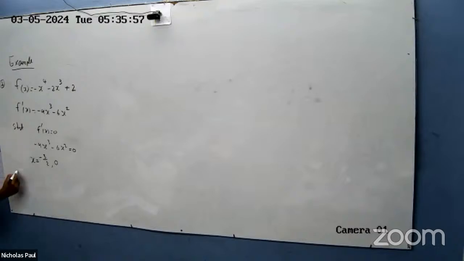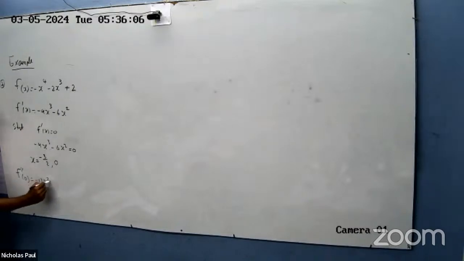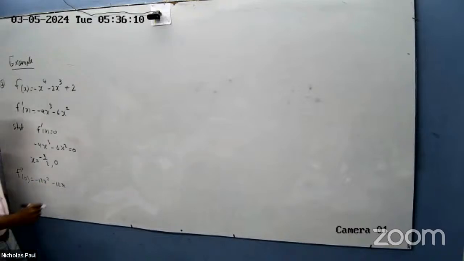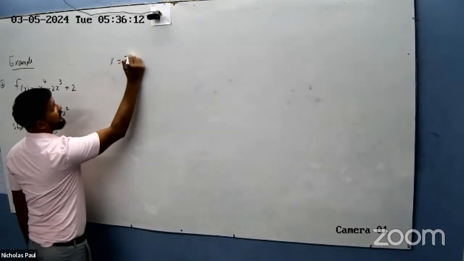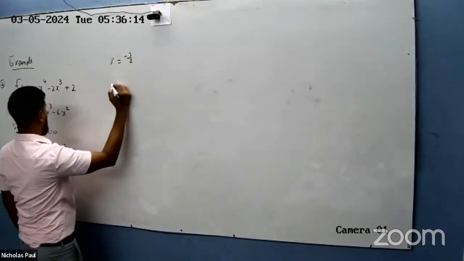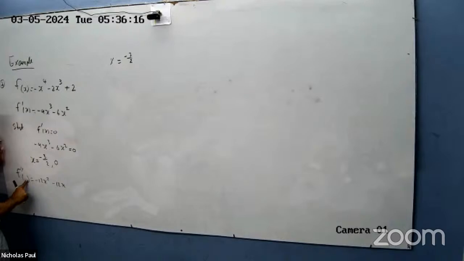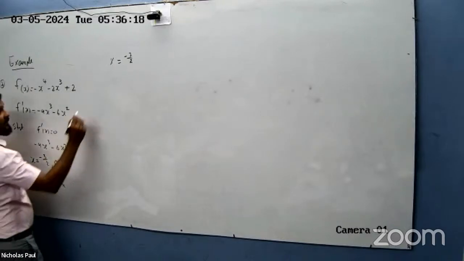Right, so find the second differential. The second differential is minus 12x squared minus 12x. Let's plug in x is minus 3 on 2.